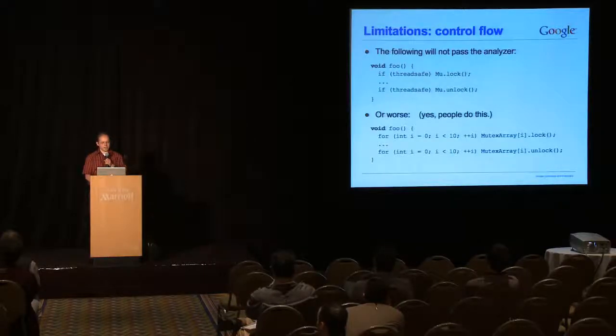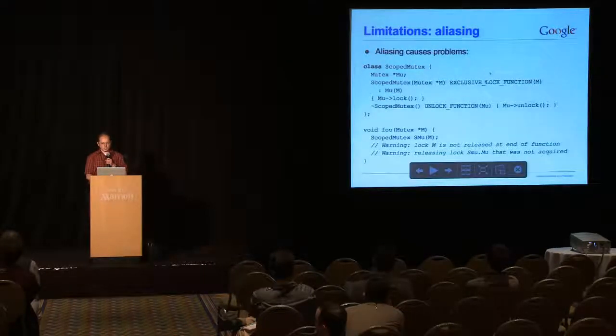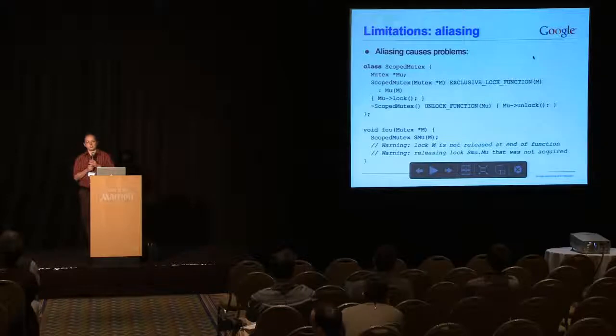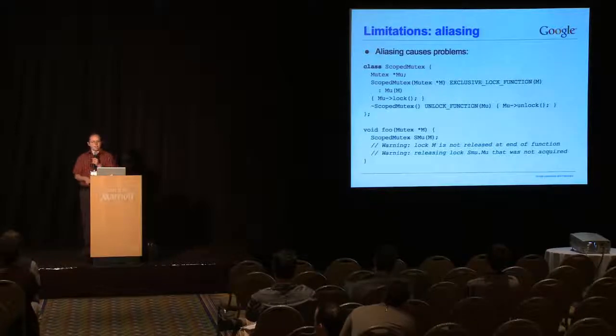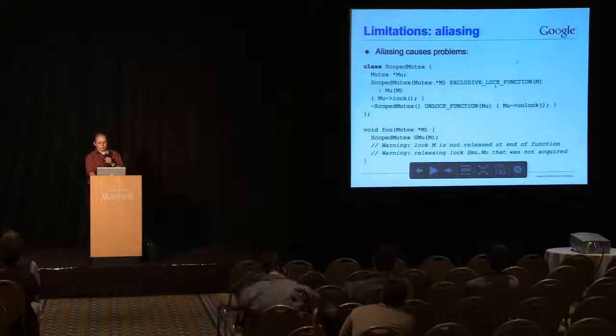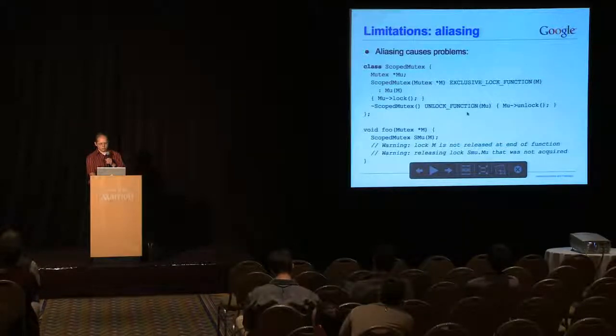That's the escape hatch. Another big limitation, this is probably the most serious one, is aliasing. So let's say we want to define a scoped mutex class, one that uses implicit destructors to automatically unlock. You can't do it using the set of annotations I just described, because we do an exclusive lock on im, but then the unlock function is on mu, the data member of the class.